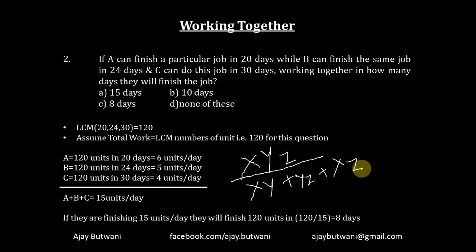Now don't try to solve this question using the formula, just think what will happen if you are supposed to apply this formula. You are supposed to do 20 into 24 into 30 upon 20 into 24 plus 24 into 30 plus 20 into 30.